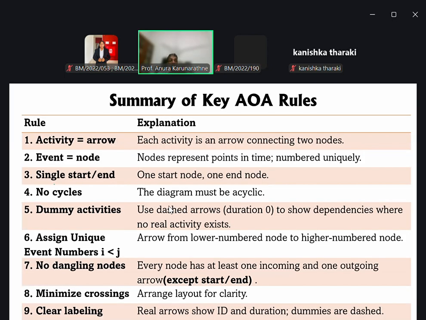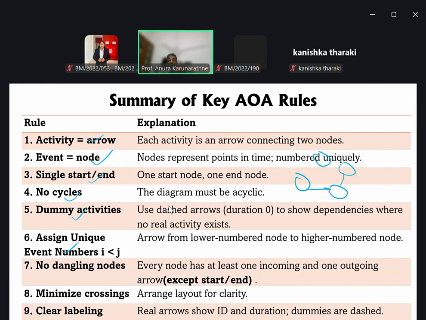This is a summary of the rules. Under the AOA method, activity equals arrow, event equals node, with a single start point and end point. No cycle here; dummy activity may be used. No cycle means we cannot see this kind of loop.